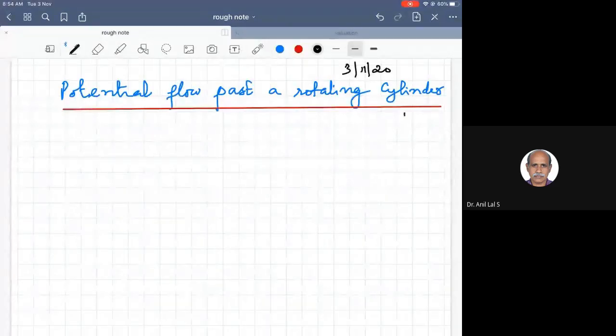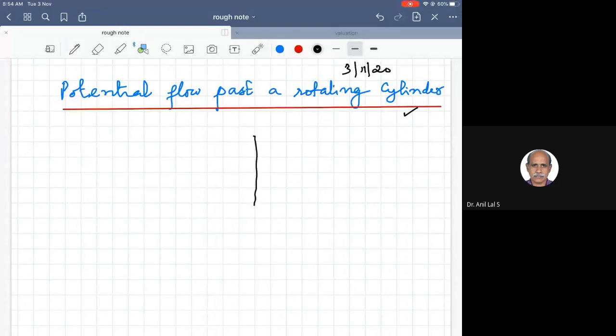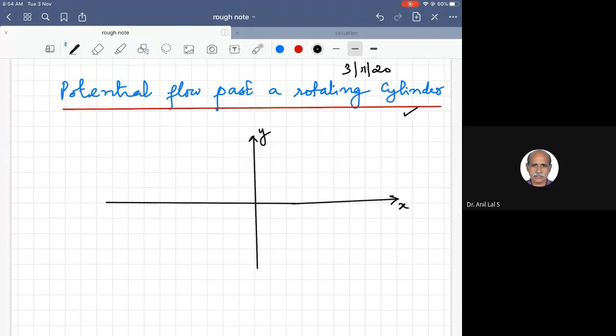In that case, we had a cylinder with its center coinciding with the origin of the coordinate system, with a radius r, and there is a uniform flow like this.